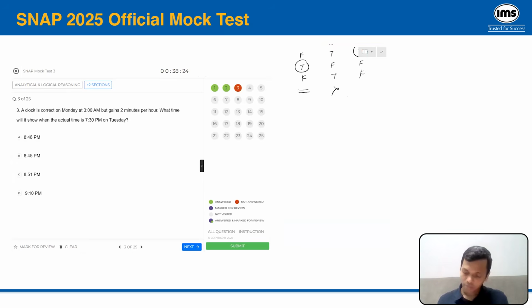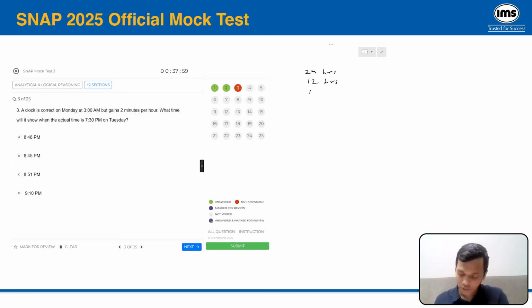Okay. A clock is correct on Monday at 3 a.m. but gains 2 minutes per hour when the actual time is 7:30 p.m. on Tuesday. So 3 a.m. to 3 a.m. the next day, that is going to be 24 hours. Then from there on till 3 p.m. is going to be another 12 hours.